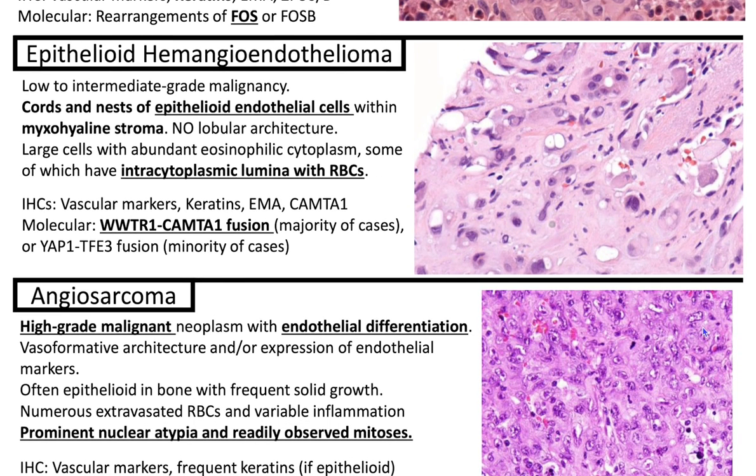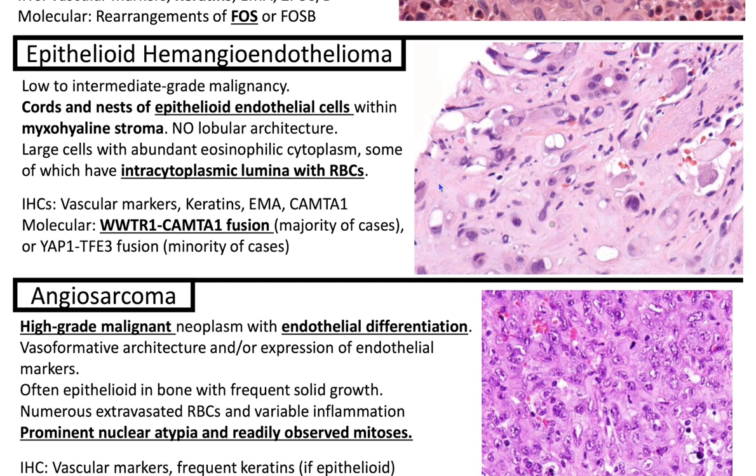Epithelioid hemangioendothelioma. This is a low to intermediate grade malignancy. You'll see your prototypical blister cells, and you'll see cords and nests of epithelioid endothelial cells within the myxohyalin stroma. There's no lobular architecture, and large cells with abundant eosinophilic cytoplasm, and some of them have intracytoplasmic lumina with red blood cells.